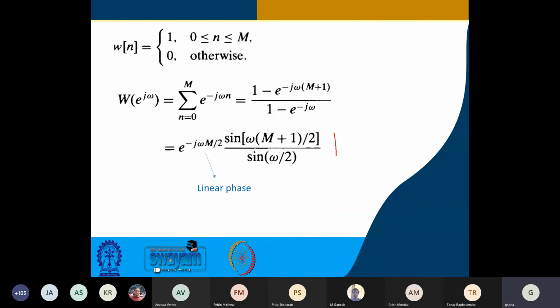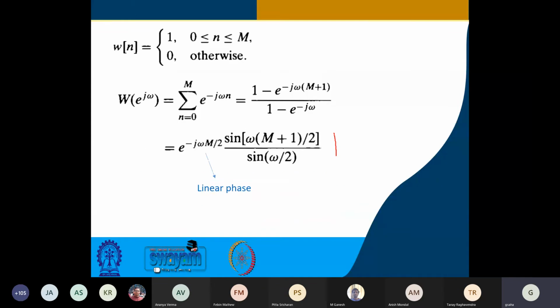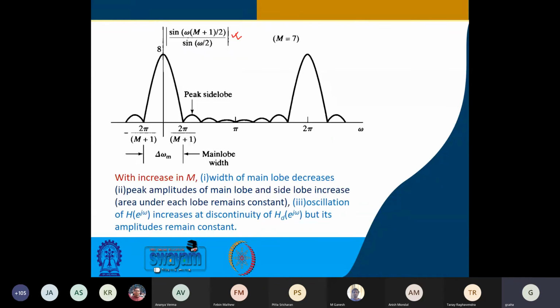So M is equal to 7. Okay, so n is equal to 0, 1, 2, 3, 4, 5, 6, 7. Right? 8 values of Wn will be there. Beyond that, Wn is 0. And we had done these calculations before. We all know about it. Okay, we worked for different values of M.